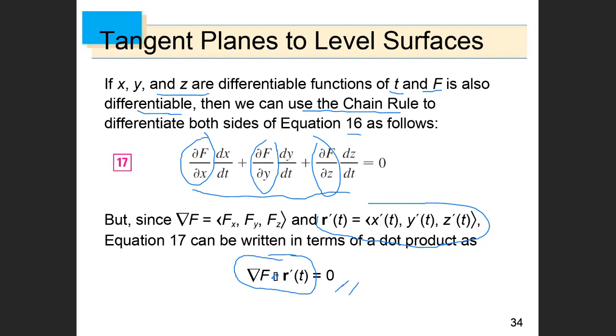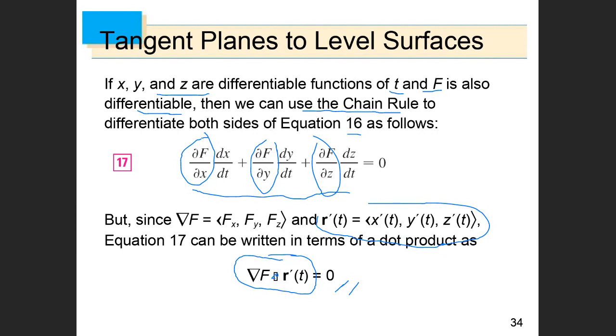What does this mean, guys? If this dot product is equal to 0, what does it mean? They are perpendicular to each other. Thank you, Alfred. It means that, in fact, that gradient vector is orthogonal to the curve, right? Where? At the point of concern.